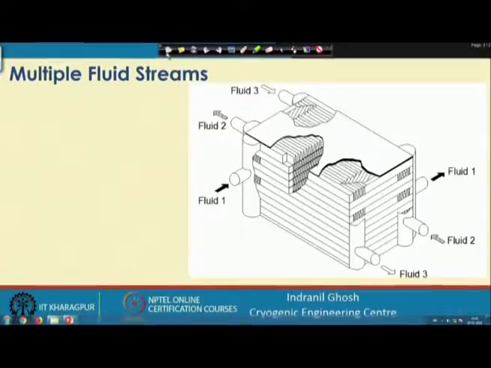And another particular feature of this type of heat exchanger is that we may take out the fluid at some intermediate points. That means intermediate entry and intermediate exit are also possible.